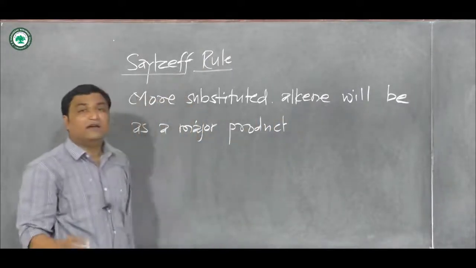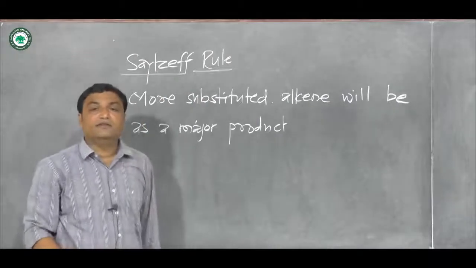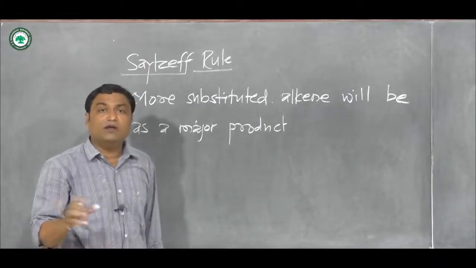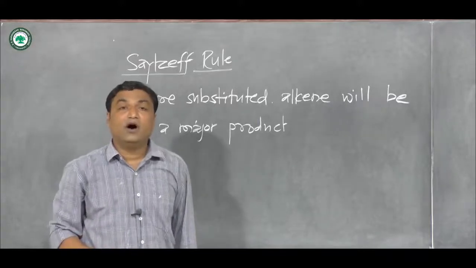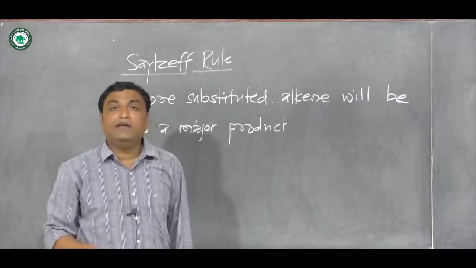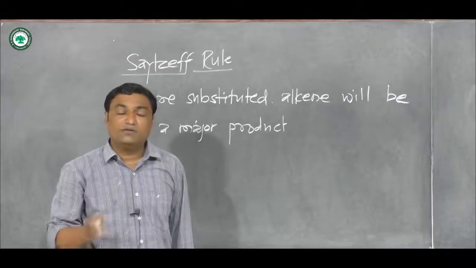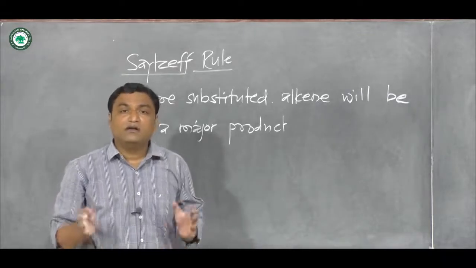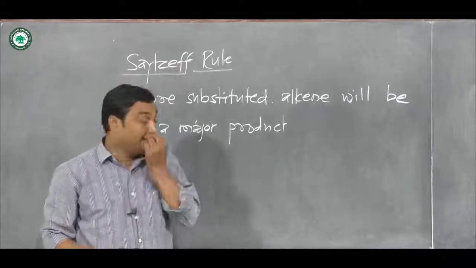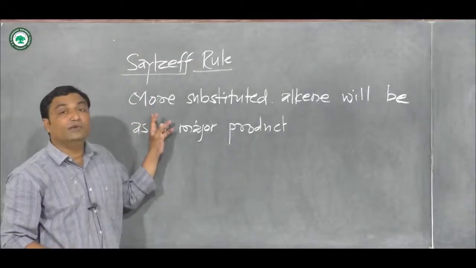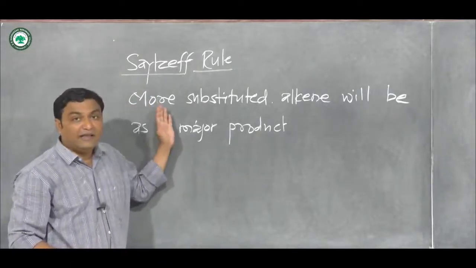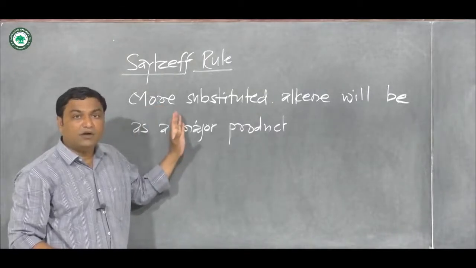It means at simple conditions, if we use small bases which have less steric hindrance or a small leaving group which also has less steric hindrance, in such cases we will obtain the more substituted alkene as a major product.